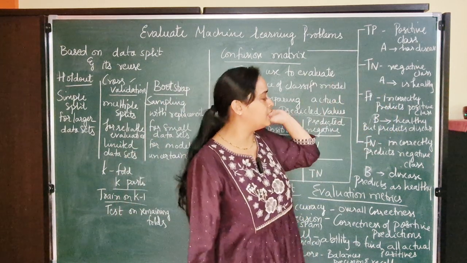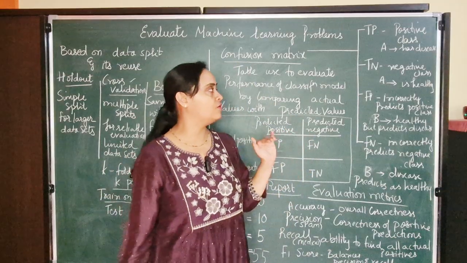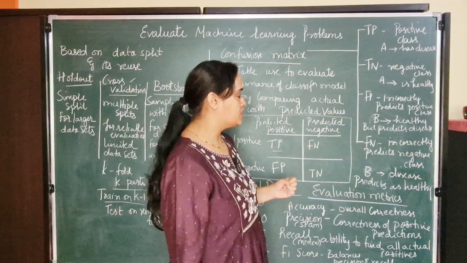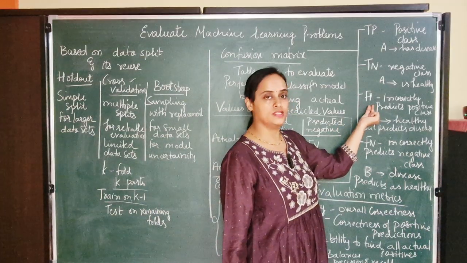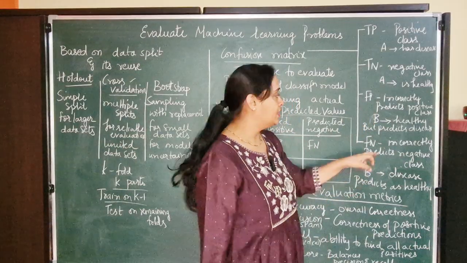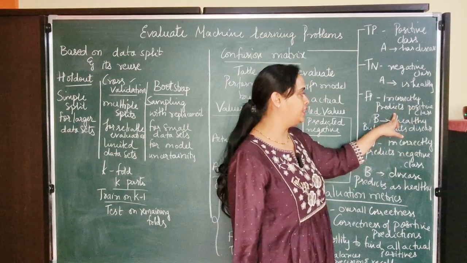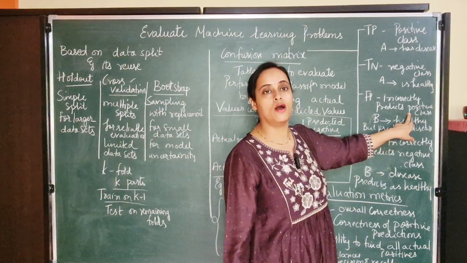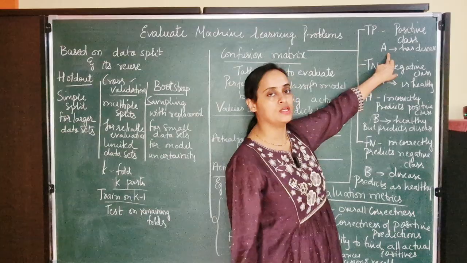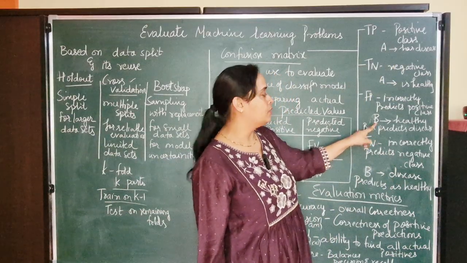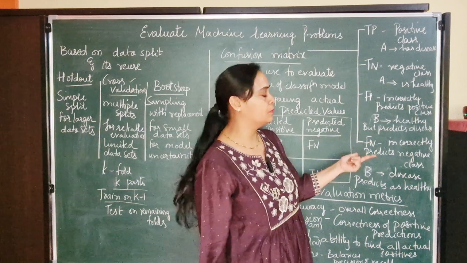If you understand what true positive and true negative are, it is easy to understand the other two parameters. False positive: the model will incorrectly predict the positive class. It is making wrong predictions of the positive class. Suppose there is a person B, and person B is healthy.